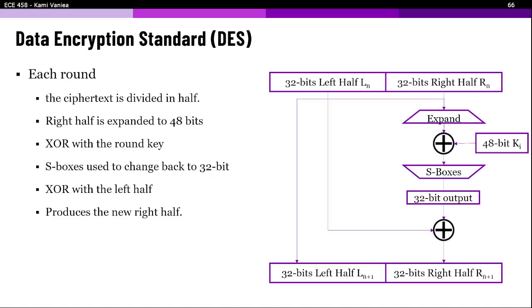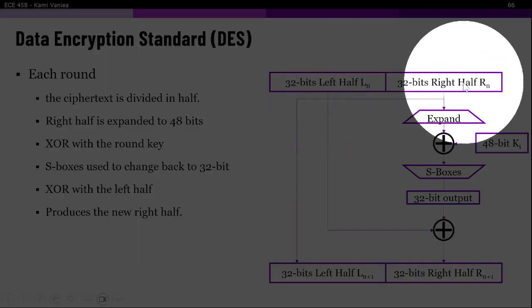Okay, if we dive into it, each round looks basically like this. The ciphertext is divided in half. Plain text and ciphertext kind of get muddled when you're in the middle of an encryption algorithm. So when I say ciphertext here, I mean that the plain text has gone through at least a permutation at this point and has been converted to a form of ciphertext, but we're not at the final ciphertext yet. It is broken into a left and right half.